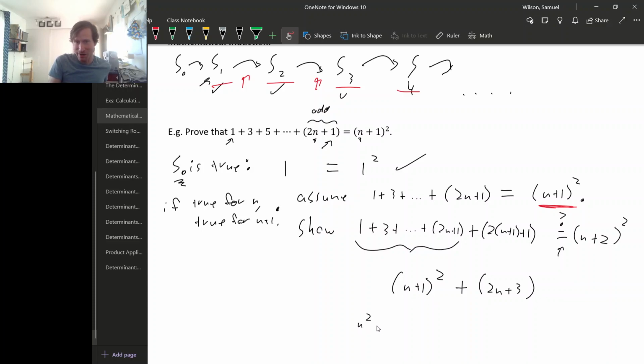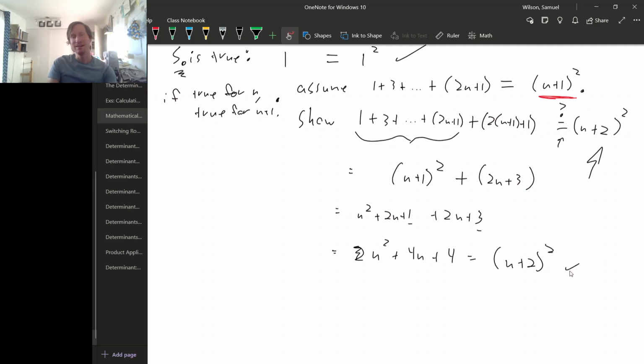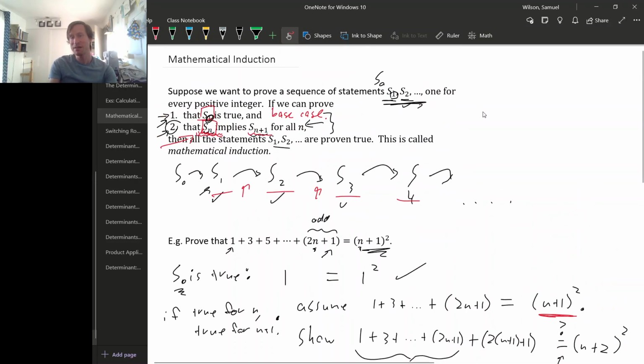So n squared plus 2n plus 1 plus 2n plus 3. Now we can combine like terms. So this is n squared plus 4n plus 1 plus 3, which is 4. And look, that's n plus 2 squared, which is what we were hoping to get. So we did it. This shows that the sum of odd numbers is always equal to a perfect square, and it uses mathematical induction.